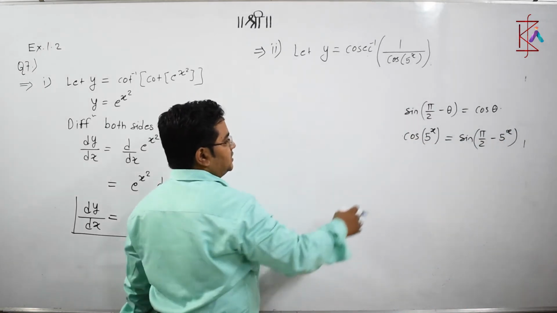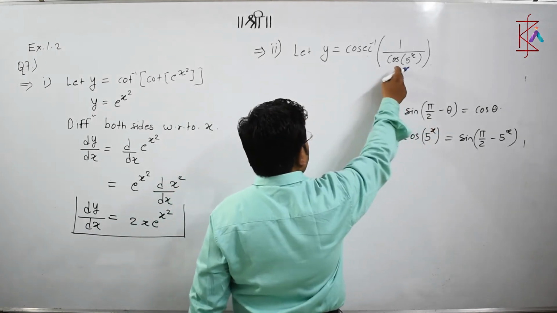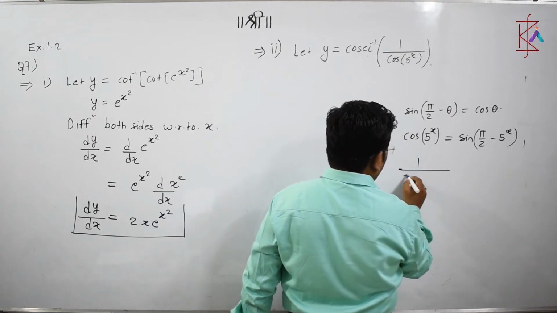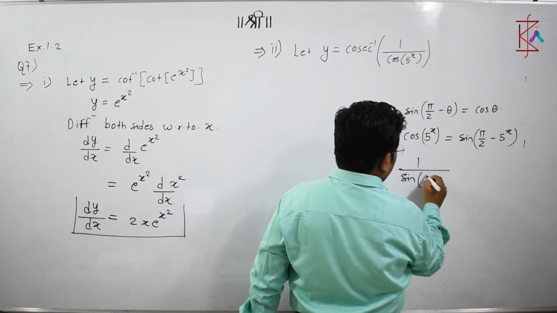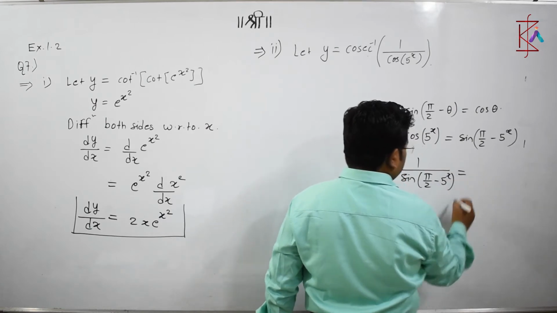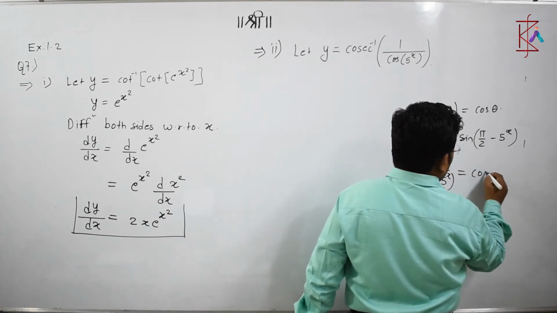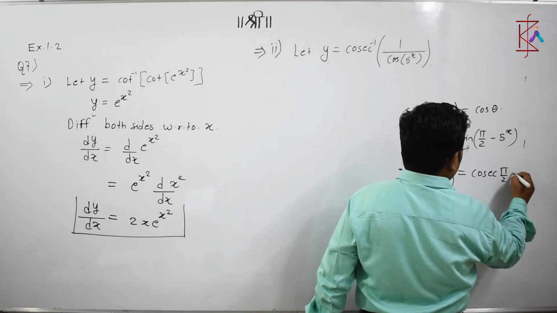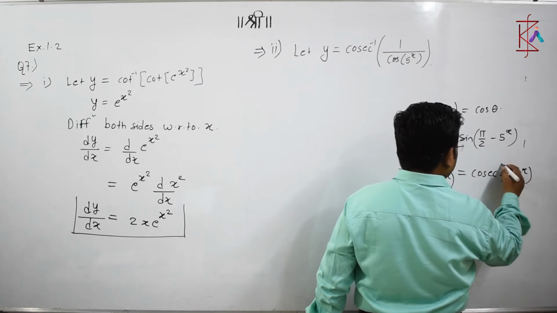Understood? So on that basis we need to take this quantity to this side. So what will happen? 1 upon sine of pi by 2 minus 5 raised to x is equal to cosec of pi by 2 minus 5 raised to x.